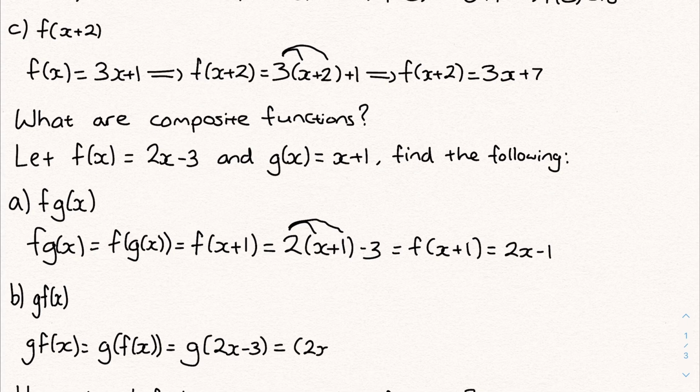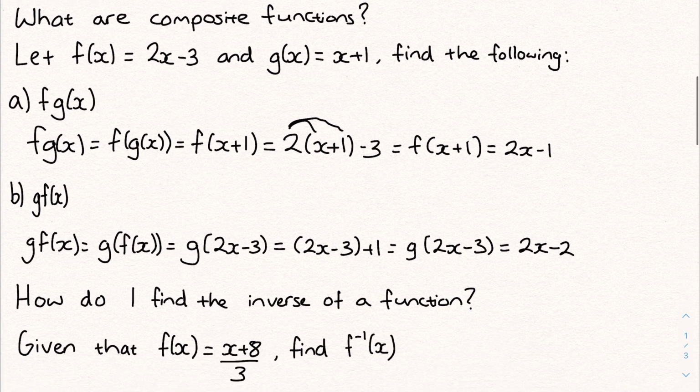So we now have 2x minus 3 plus 1. And we don't need to expand this out at all because it already is there. So our final answer would then just be that g(2x minus 3) is going to be equal to 2x minus 2. Okay, so that's maybe the same sort of process as before.